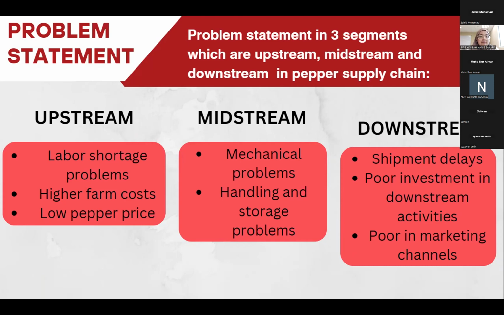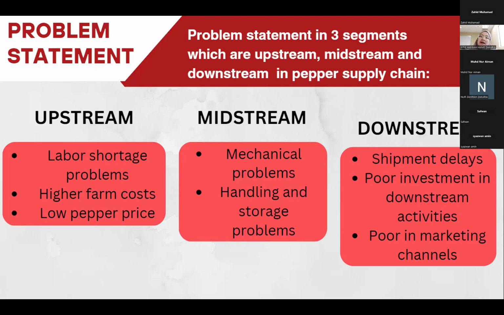Next is higher farm cost, because the input cost, especially fertilizer, pesticide, and weedicide, is higher in the pepper industry. Next is a lower pepper price.